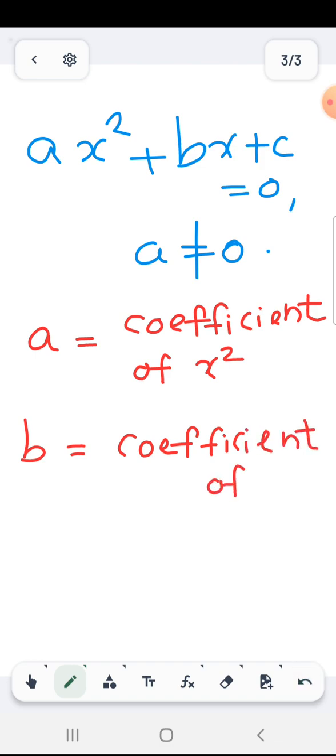Always in any quadratic equation, the coefficient of x square will be a and the coefficient of x will be taken as b, and the term without an x in it is called the constant term c. So this is the general form of any quadratic equation.